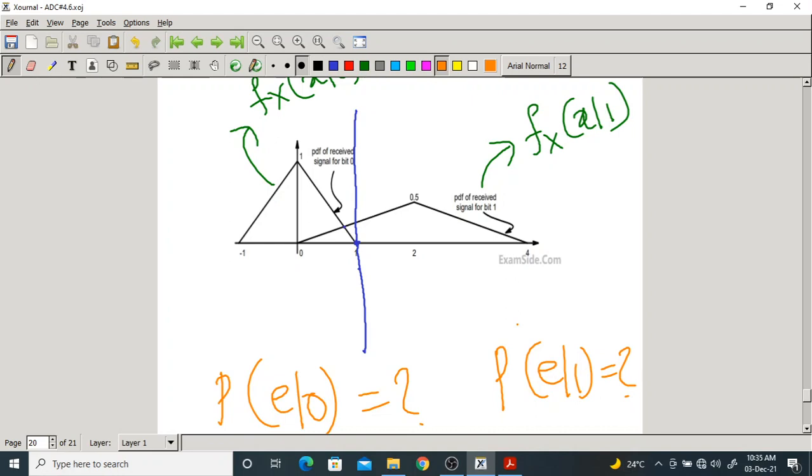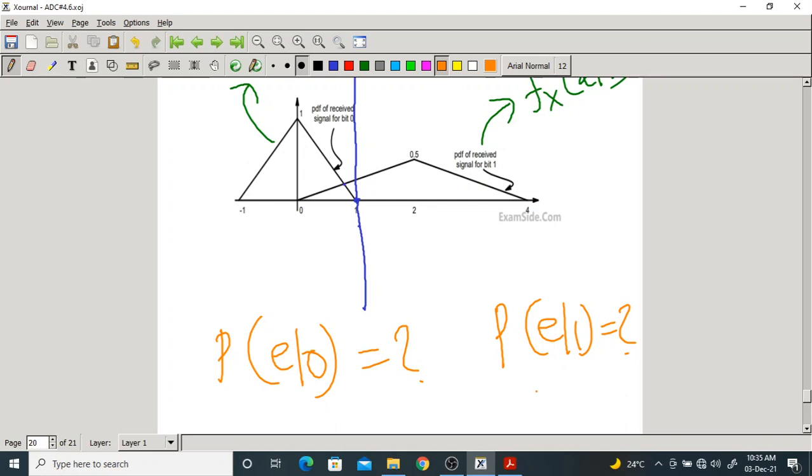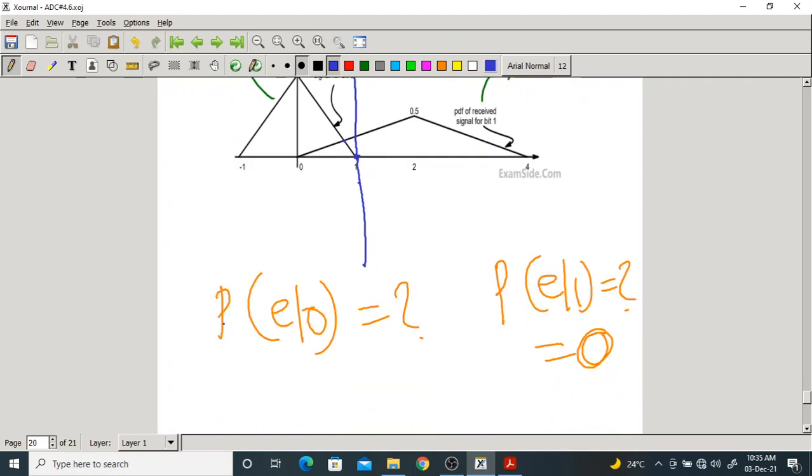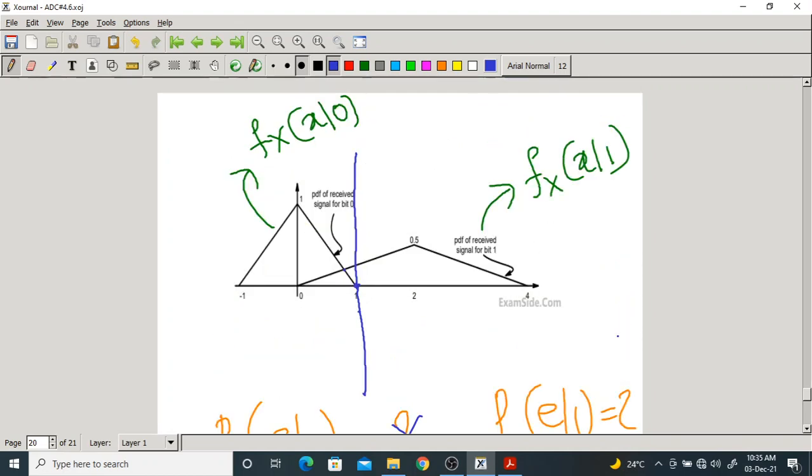E given 0 is 0. Why? Because this PDF is not crossing the threshold. It is for bit 0, so this PDF is not crossing the threshold and getting into the other side.